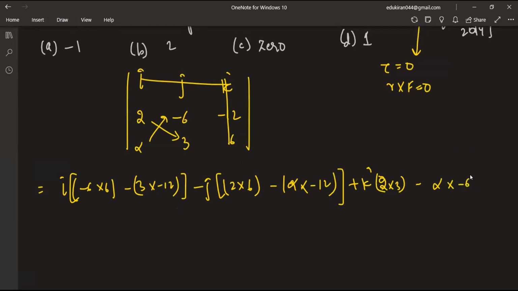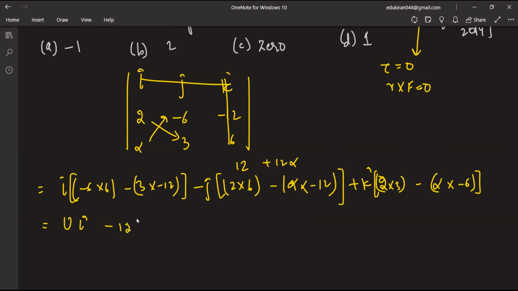Now if we take alpha common from this part, minus 6, you have minus 36 plus 36, that will become 0. Both parts cancel each other, so 0 i cap. Then minus 12 into alpha into minus 12 gives plus 12 alpha, and this has a whole negative sign.